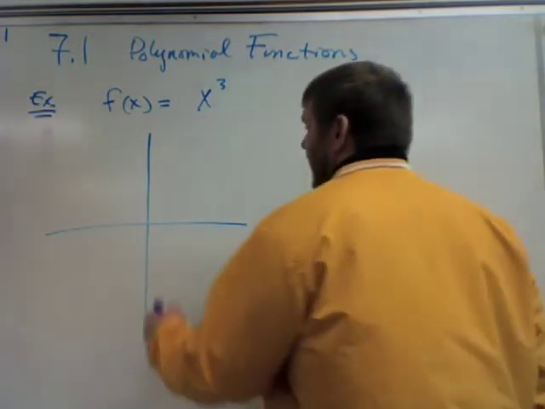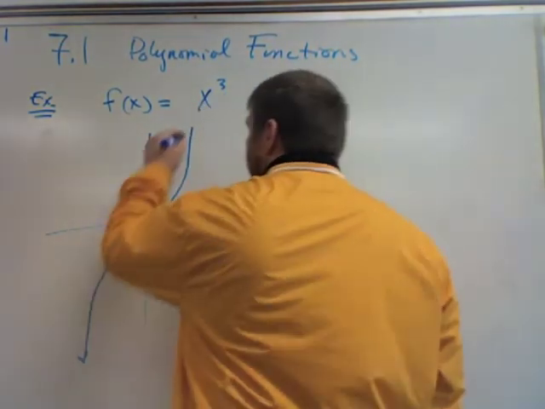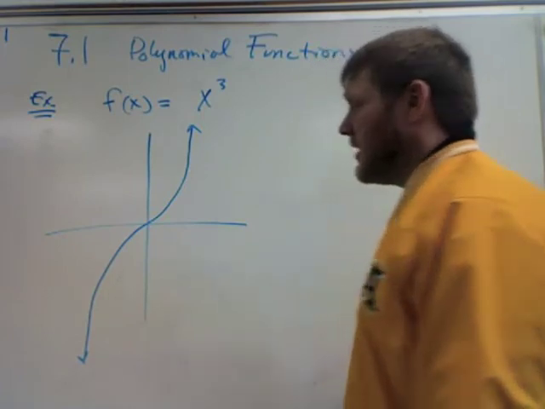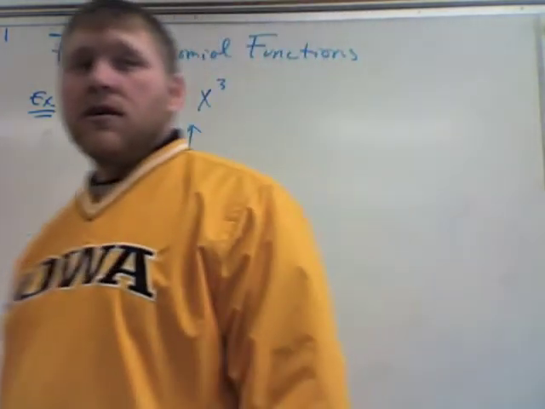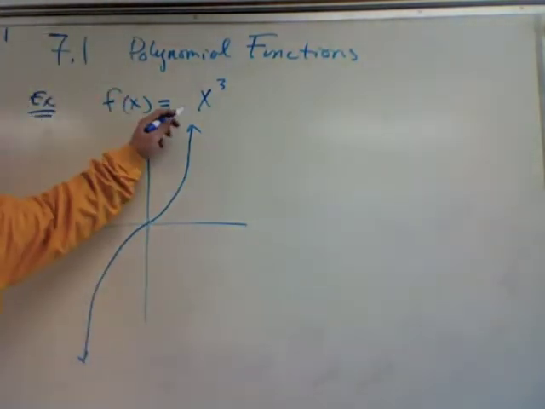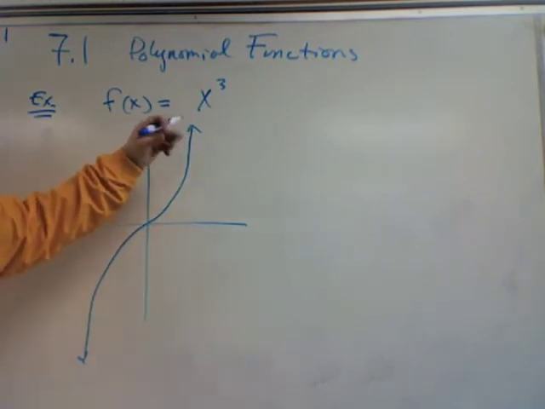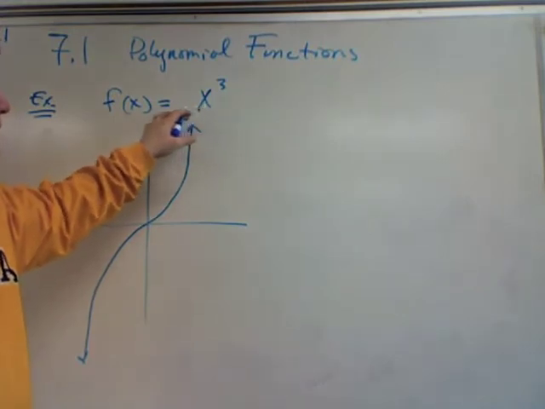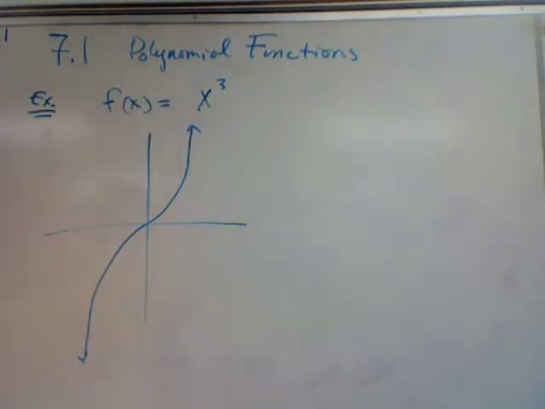I'll explain that in a second, but a cubic function kind of looks like this. That's pretty close to the x cubed function. It could get fatter, narrower, or more stretched out if you had more terms in your polynomial, but the gist of the graph for x cubed or a cubic function looks like an S, just like that.